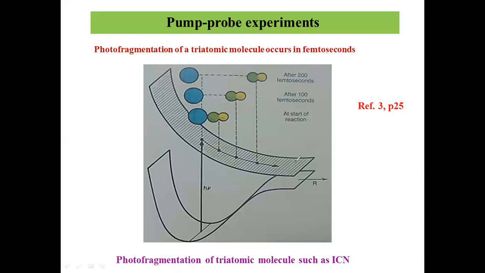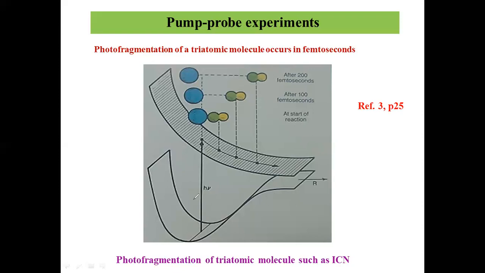Then I can have a laser pulse to probe the CN, to take the CN to the excited state. Right. Now, when you take this CN molecule to the excited state, it can fluoresce back. Right. So this is kind of like a laser induced fluorescence experiment you can think of. Right. So this is the first one.